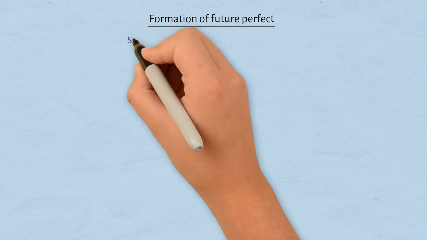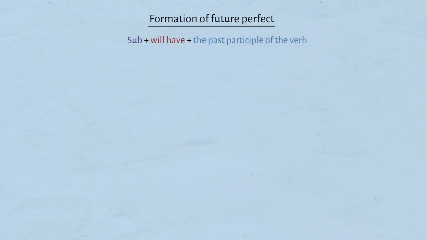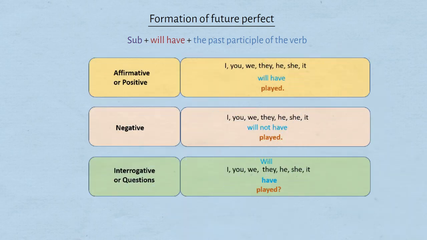Now let's see how to form the future perfect tense. The formula is simple: will have plus the past participle of the base verb. For example, here in the table you can see the positive sentence, which is I, you, we, they, he, she, it will have played.